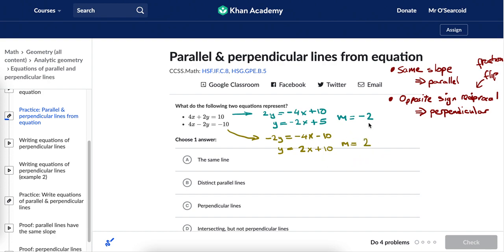Now, initially you might see opposite signs and think maybe these are perpendicular, but they're not quite perpendicular. They're just opposite sign; they're not the reciprocal.